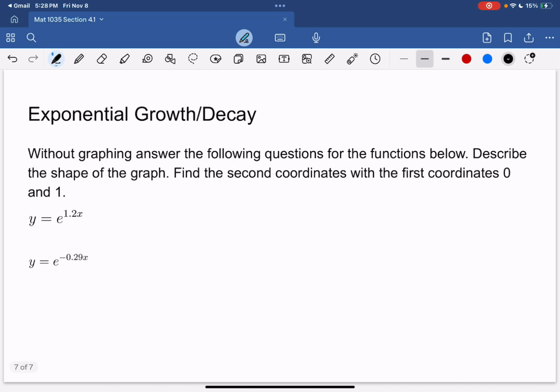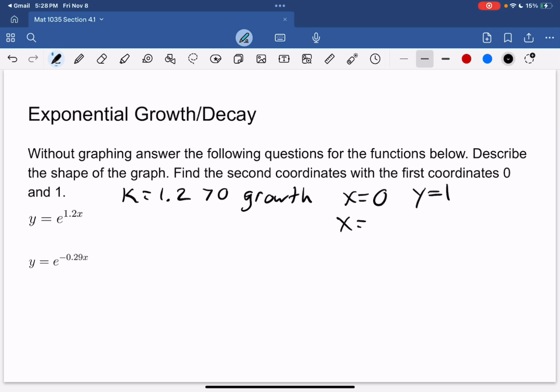All right. So just to look at two examples of this. My k value for the first one is 1.2, which is greater than 0, so I have growth. To find that first and second coordinate, we're going to do the same thing. So x is equal to 0, when that happens, y is 1.